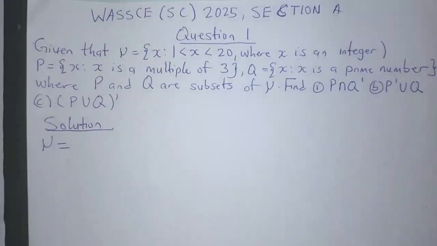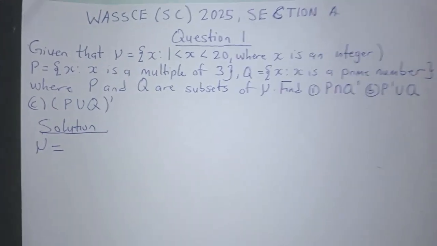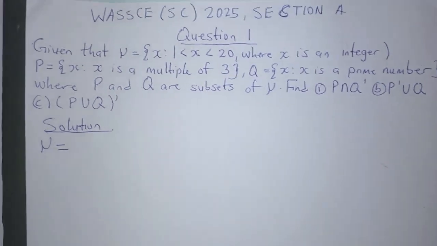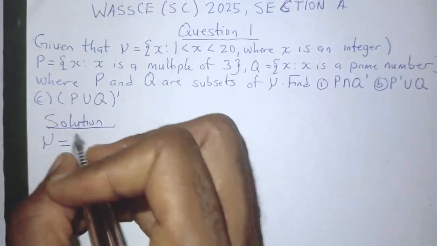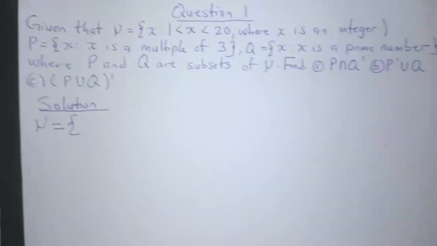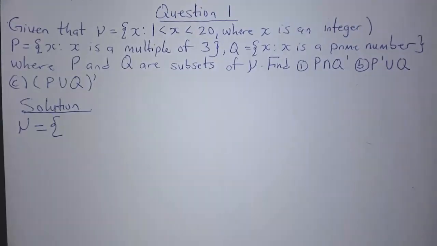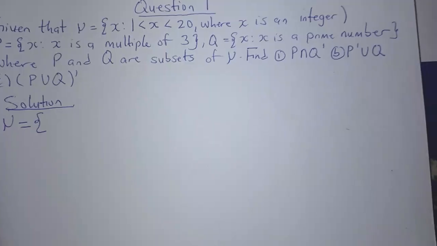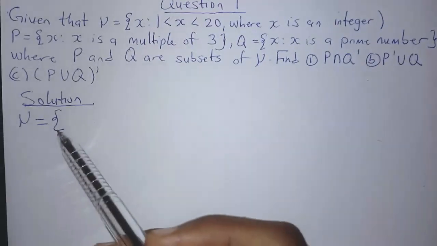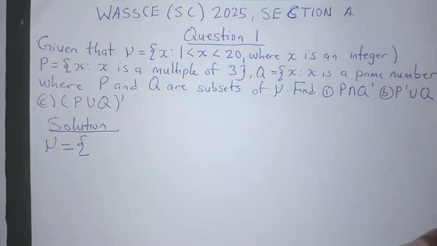As I mentioned, I believe you are not beginners, and even if you are, please try to note that in sets, whenever you are trying to list out the elements, it is compulsory that you put your elements in brackets. You may use a square bracket or curly bracket as I use here. Any one is okay. But it is wrong for you to just write the elements in your set without putting them in a bracket. So you open your curly brackets.